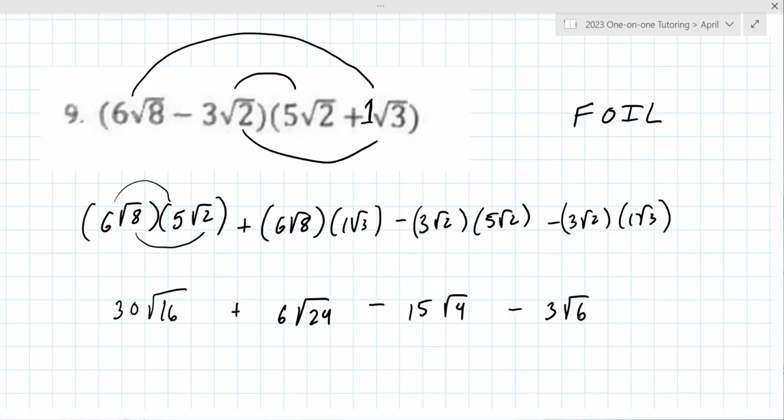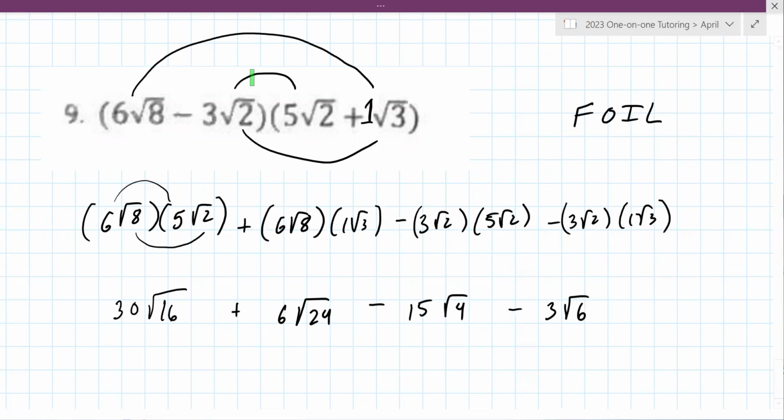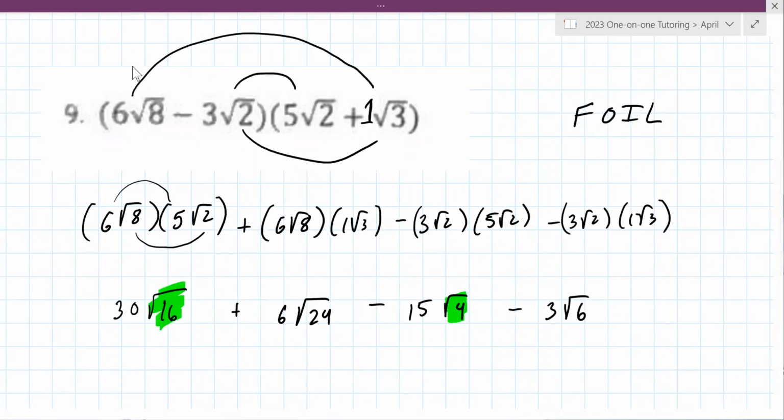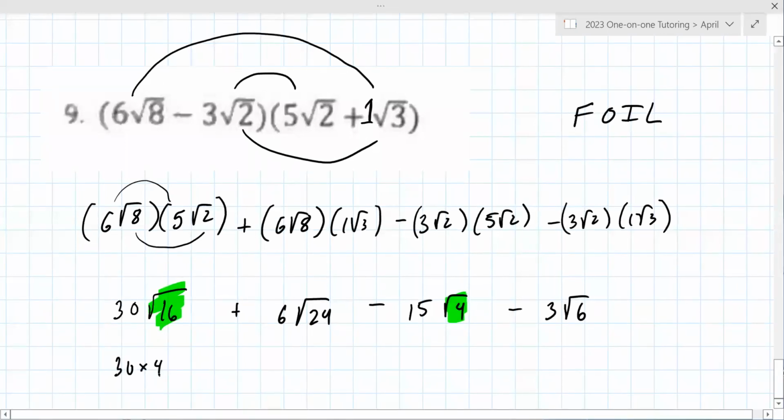We're doing really good, but there's more to do here. It's like the more you do math, the more there is. What's nice here, though, is these aren't too bad. Square root of 16, square root of 4. You know those values. That's 30 times 4, 15 times 2.